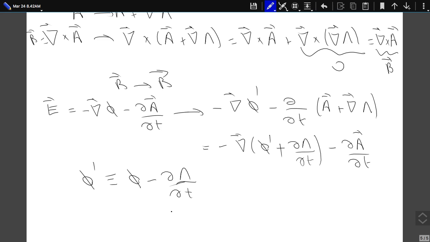I just focus on a single one, which has this phi. Among these infinitely many vector and scalar potentials, I picked up one by imposing this condition. That is why we call this gauge fixing condition. If you just change your gauge, if you make that transformation, this condition will no longer be satisfied.